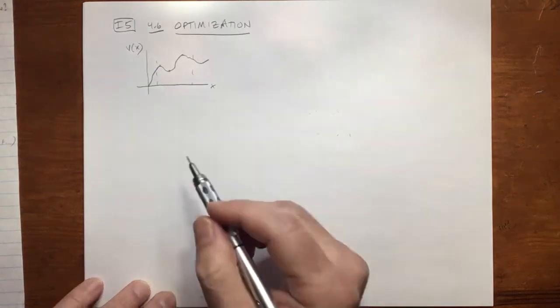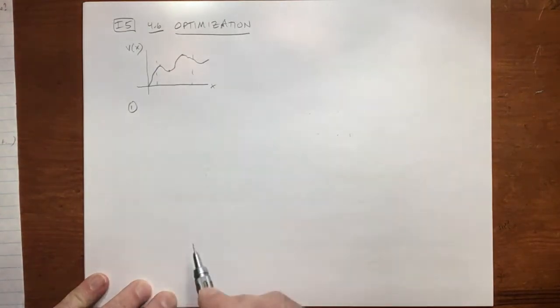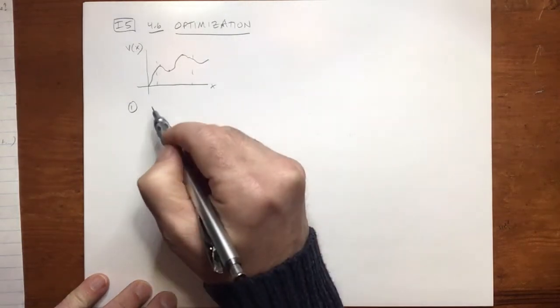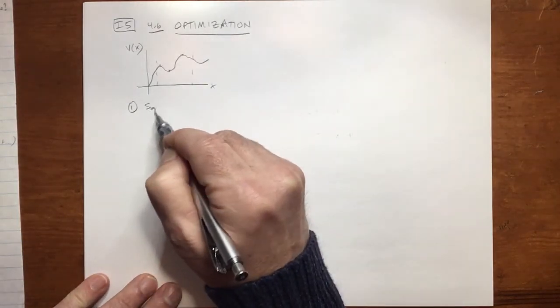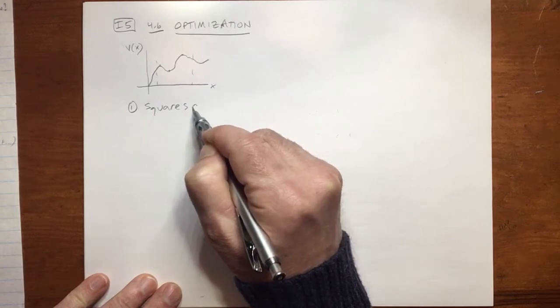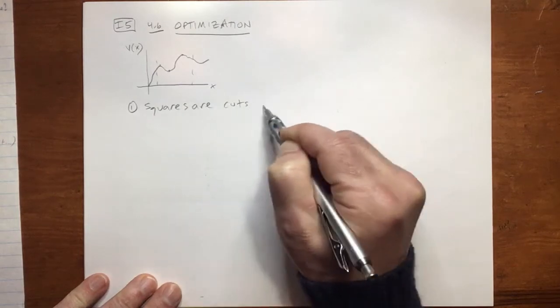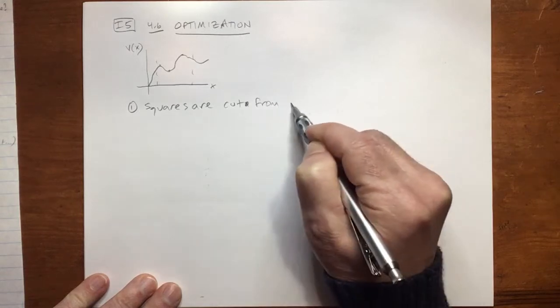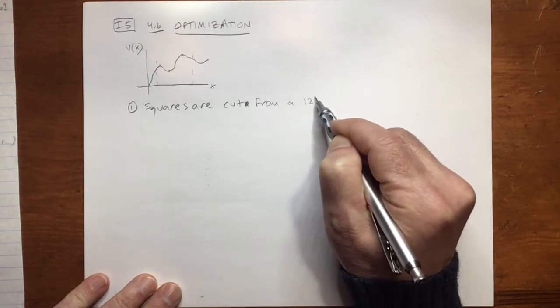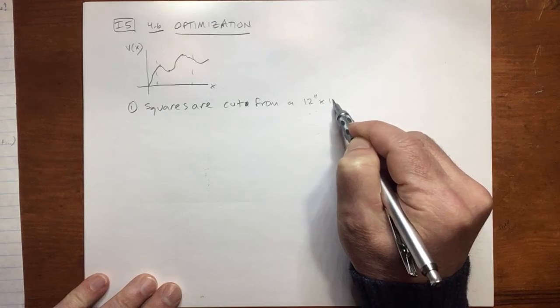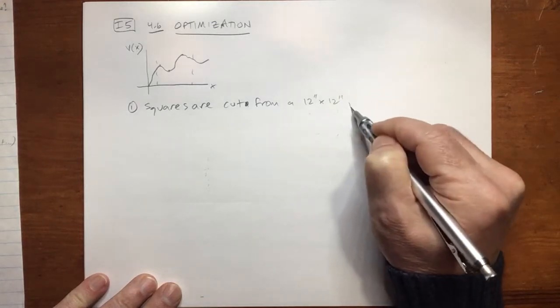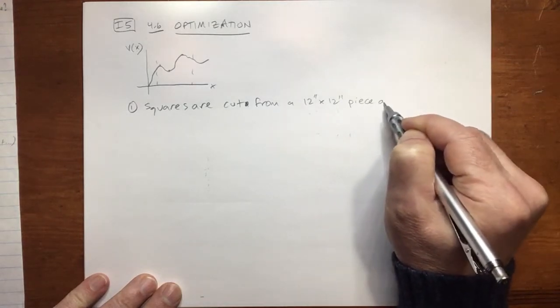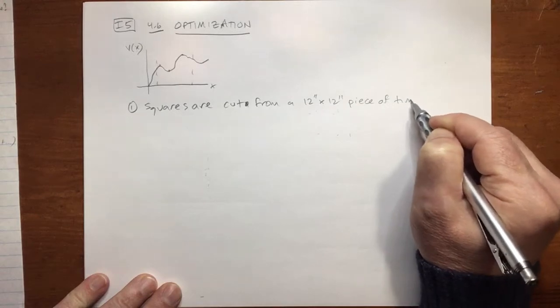Okay, so let's go ahead and do problem 1. This is the only problem we'll do today. We'll do one a day, quite long problems. So squares are cut from a 12-inch by 12-inch piece of tin. So a square piece of tin.